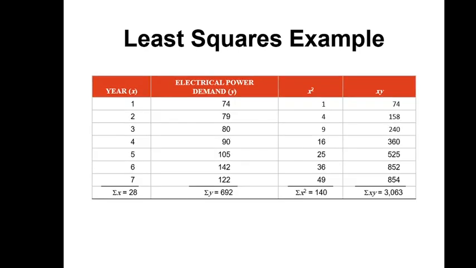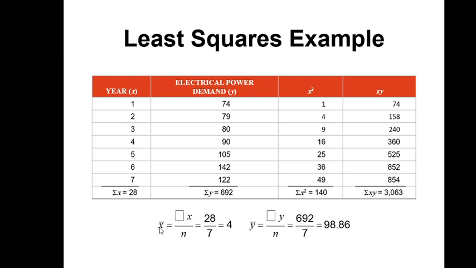Let's start the solution using our formulas. Before we use our formula, we have to calculate X bar. All of you know that X bar means the average, the mean of the values of X. As you can see here, we take the sum of all X's, which is 28, and the sum of all Y values, which is 692.